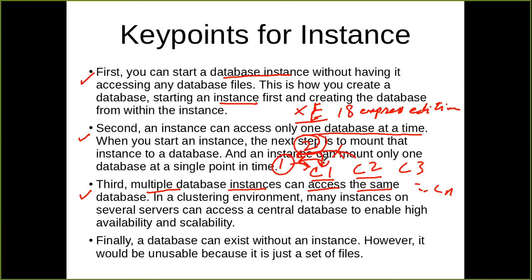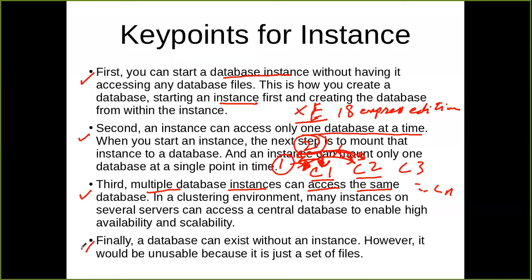That means they both can access the database of company C1, or they both can access the database of company C2, and so on. So multiple instances can access the same database, but an instance can access only one database at a time.